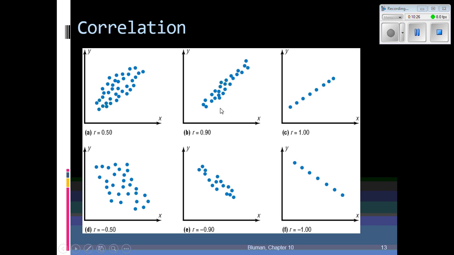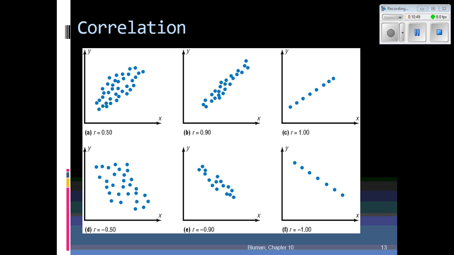If we have a little bit weaker, you can still see a line. It goes in the shape of a line, but you have points that are scattered here and there. That's an R value of 0.9. We get an R value even smaller, 0.5. You notice that the data is even more spread out.